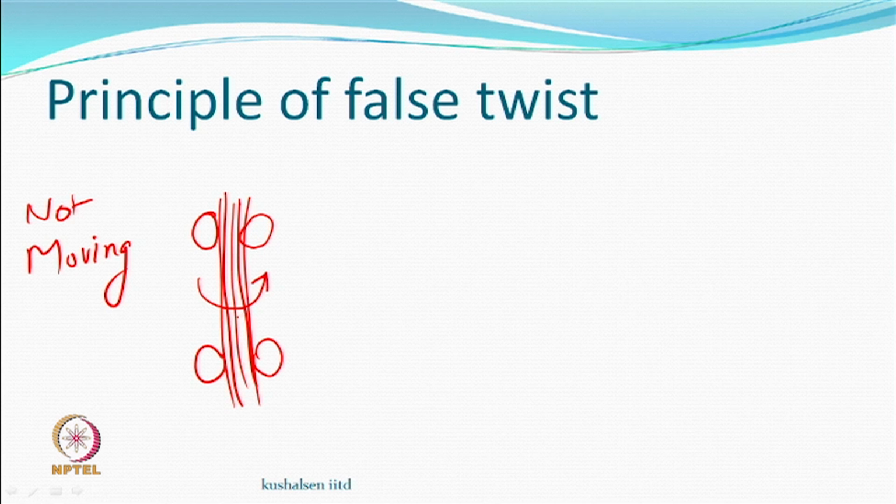We expect that on one side the twist will be, let us say, in one direction, on the other side the twist could be in the, let us say, first was S, the other will become Z, all right, S and Z. So, if do the sum total of this, if it is in the absolutely middle, the number of twists above the twisting point and the number of twists below the twisting point are going to be same, one in plus direction, other in minus direction, and therefore, there is no twist or a false twist.